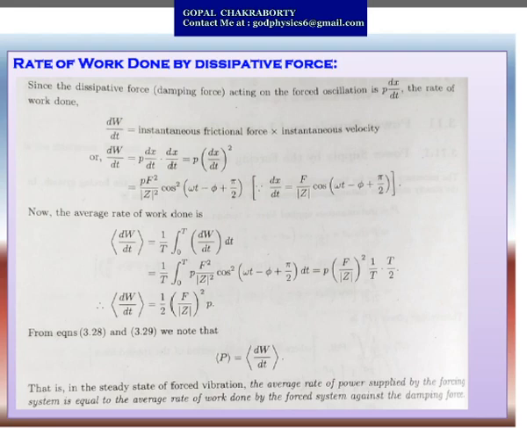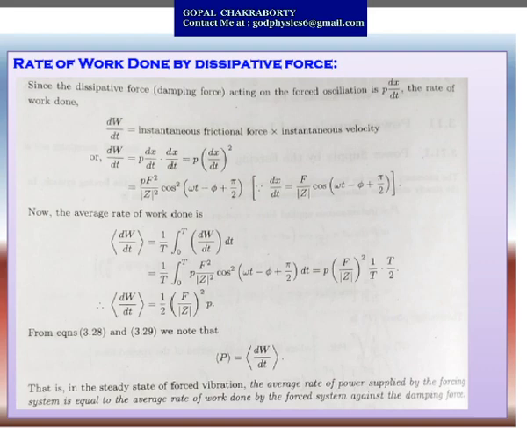Ultimately we get dW/dt equals P F squared by mod of Z squared, times cos squared of (omega t minus phi plus 90), that is pi by 2. Now, to calculate the average rate of work done, that equals the average of dW/dt, which is 1 by T integrated from 0 to T dt.